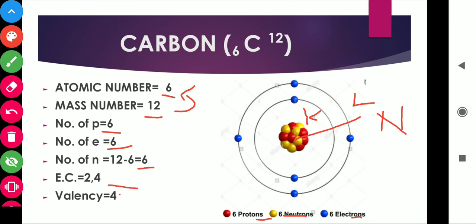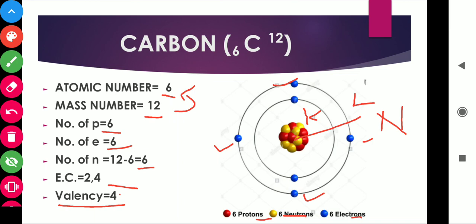Electronic configuration is 2, 4. In the K shell a maximum of 2 electrons can reside and the remaining 4 are in the L shell. It means it has 4 electrons in the valence shell and its valency will be 4.